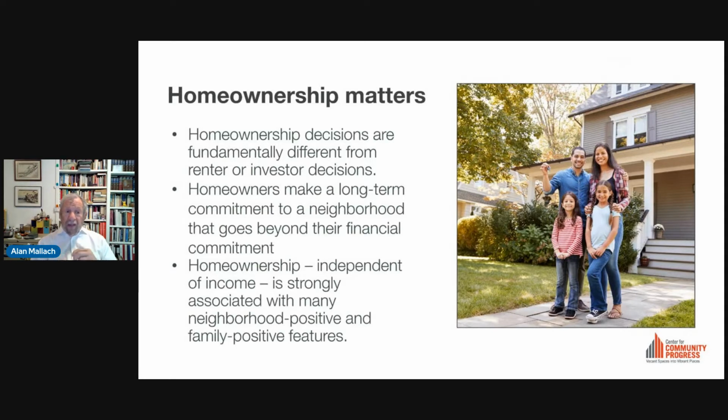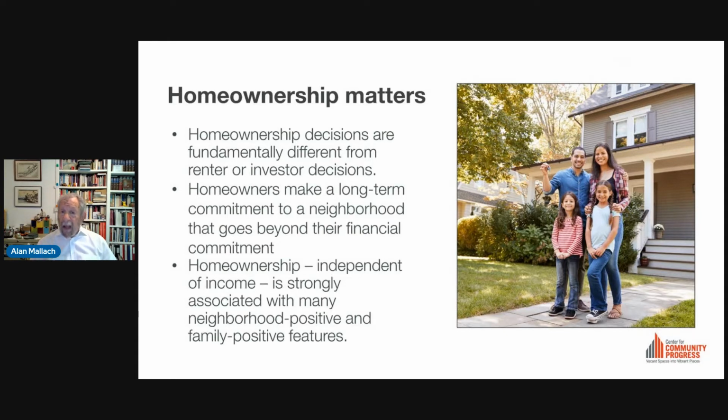And again, if the investor feels the neighborhood is on the way down, the investor may concentrate on just trying to get as much cash flow out of the house and not worry about it. If the investor thinks the neighborhood is on its way up, the investor will try to hold the house and hopefully, after a certain number of years, sell it for a profit. But either way, the investor has no commitment to the neighborhood.